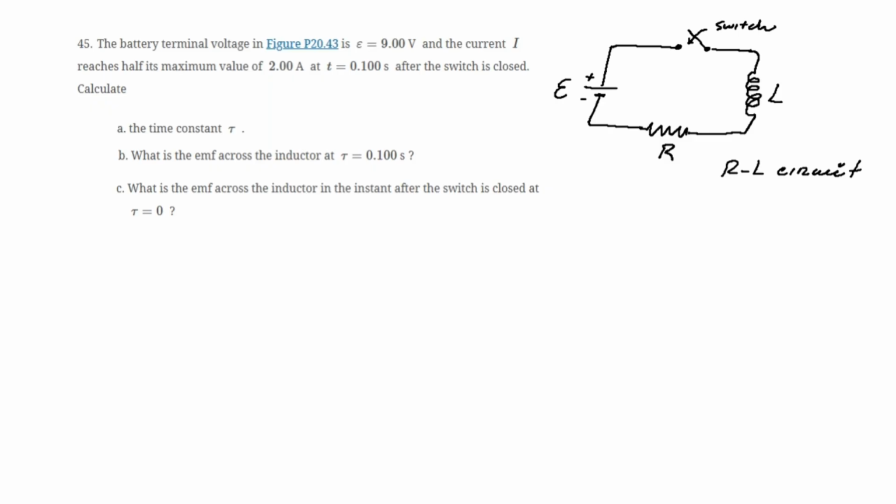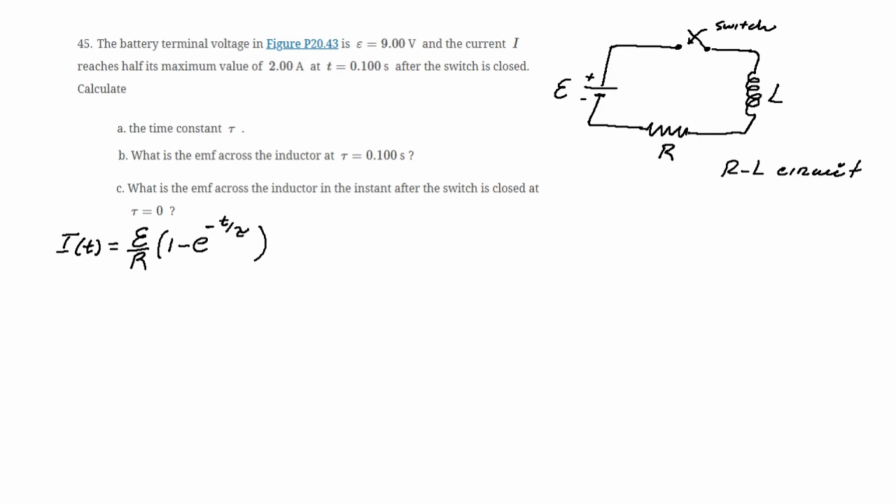The current I, as a function of the time, is equal to the electromotive force of the battery divided by the resistance of the resistor, times 1 minus the natural base e to the power of negative t over tau.